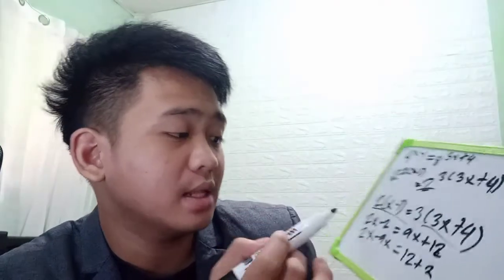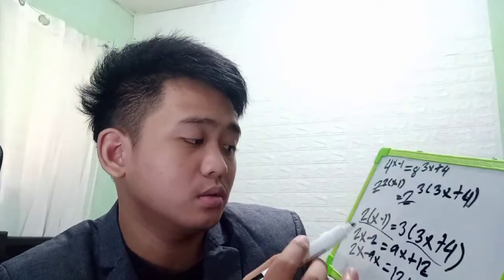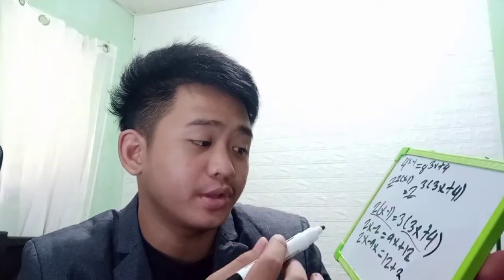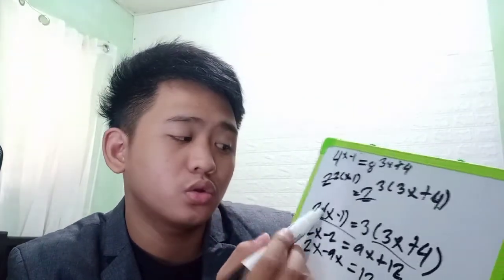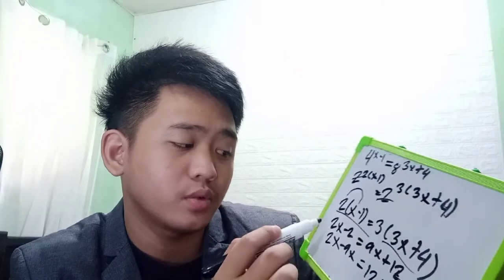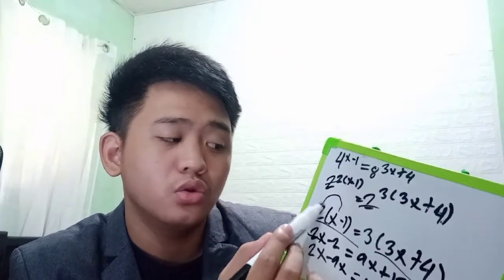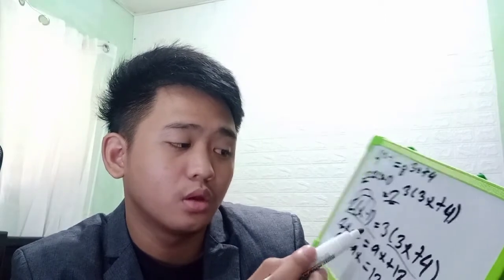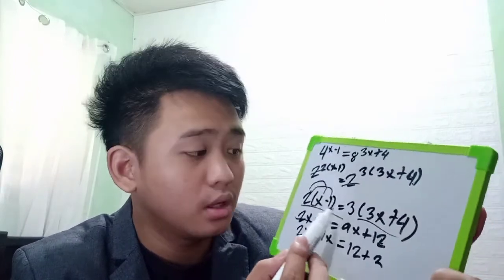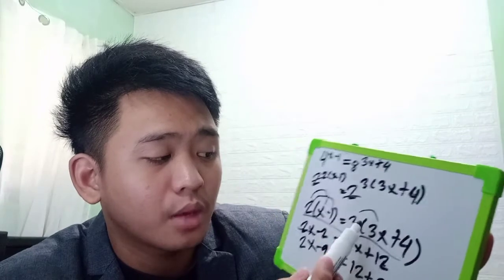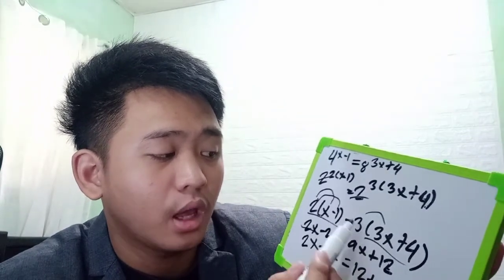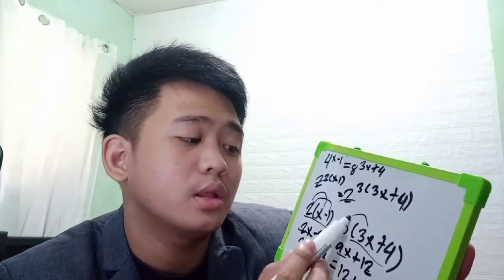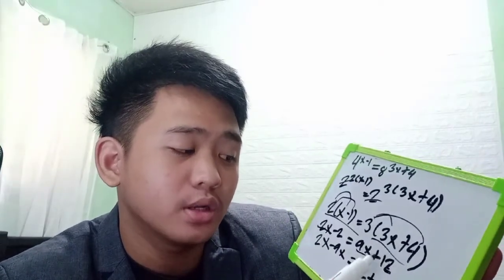After we get this, we will use the distributive property. 2 times x equals 2x, and 2 times negative 1 equals negative 2. Here, 3 times 3x equals 9x, and 3 times 4 equals 12.